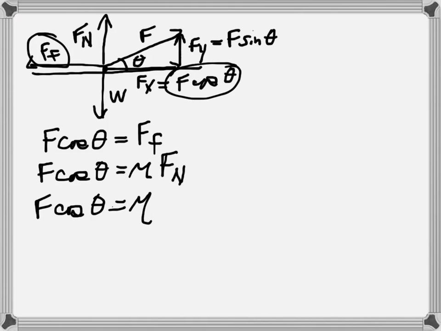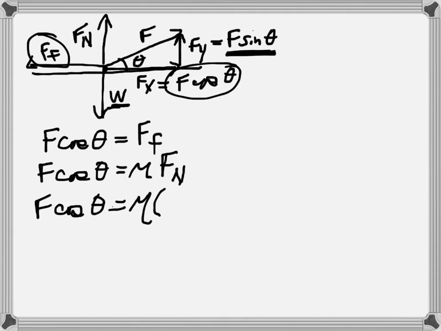We also have Fy, which is an upwards force. And then we have weight, which is a downward force. And we know that there is no acceleration in the vertical direction. That means Fn plus Fy would equal W. So Fn would actually equal W minus Fy.